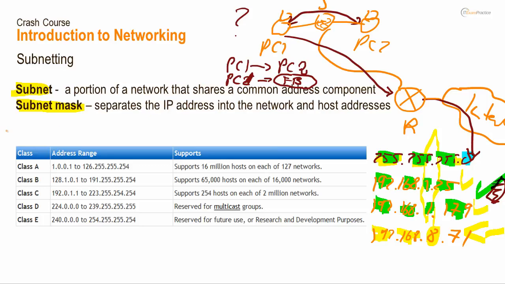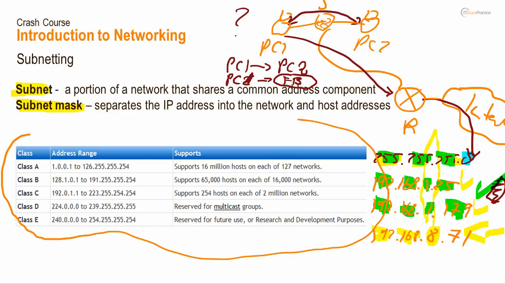Now let's check the table that I prepared for you over here. We talk about IPv4 because there is IPv6, and in IPv6 the subnet mask is not as important in many cases, but it's beyond our discussion. Our main focus is on something that we use every day, which is IPv4. We have 5 classes of IP addresses.